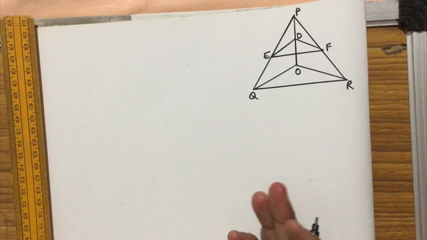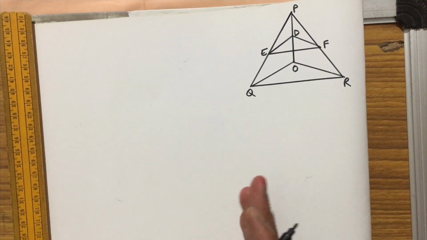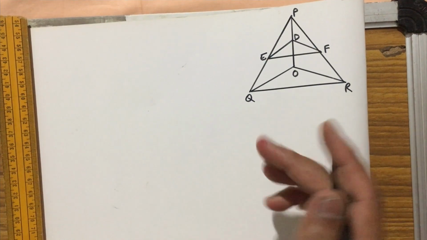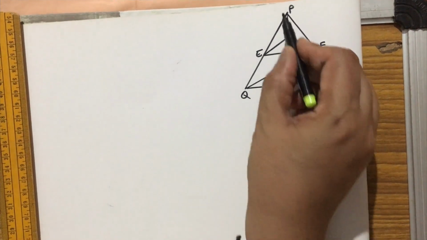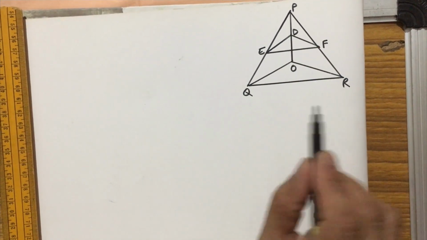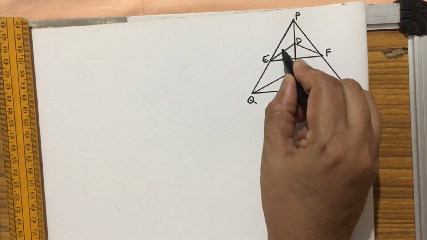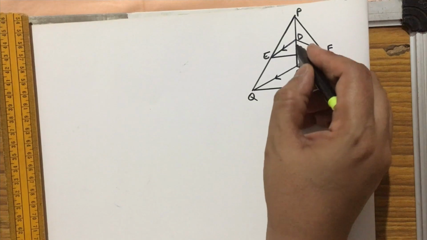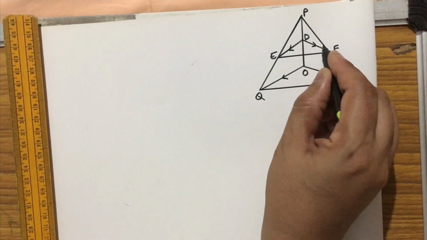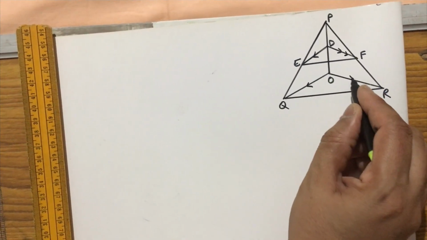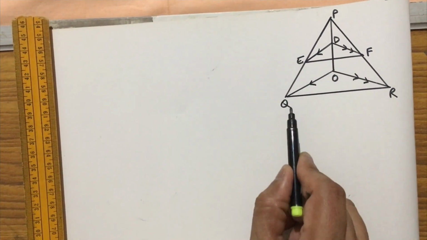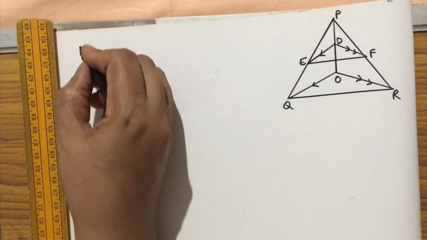Okay, let us discuss a few problems based on the BPT theorem and the converse of BPT theorem, right? So in this figure you see, in this triangle PQR, it is given that DE is parallel to OQ, and DF is parallel to OR. We have to show that EF is parallel to QR. So what is given here?